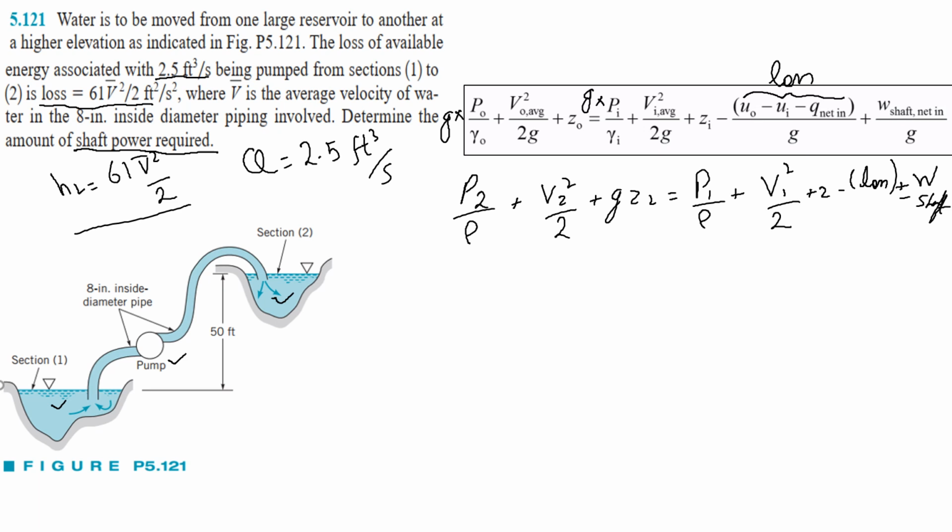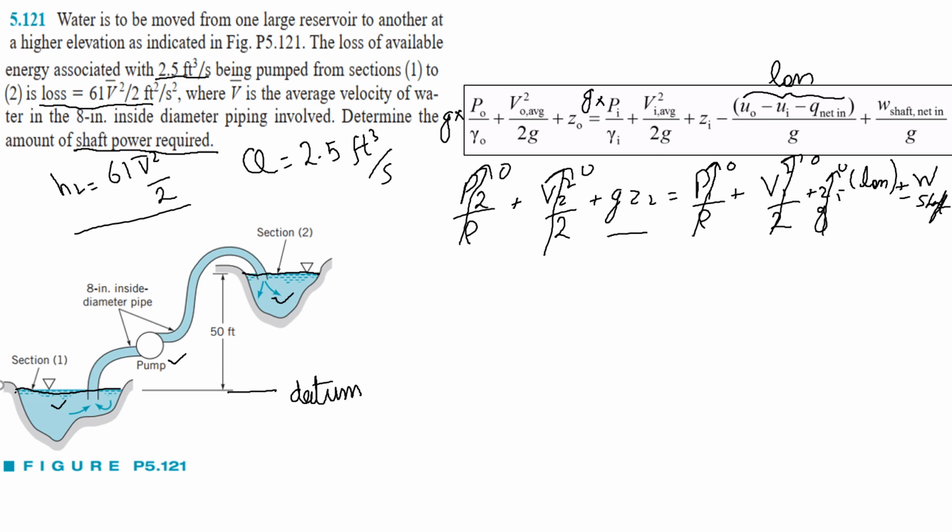We have two sections, section 1 and section 2. At both of these sections the pressure will be atmospheric pressure, so first of all we are going to neglect these pressures. The velocity at section 1 and section 2 will be 0. For g Z1, it will also be equal to 0 because this is our datum.